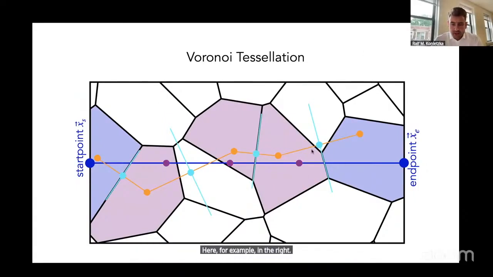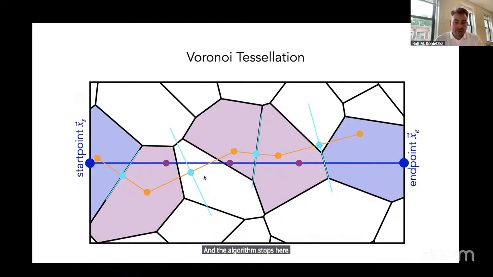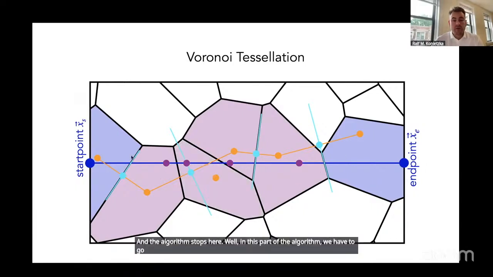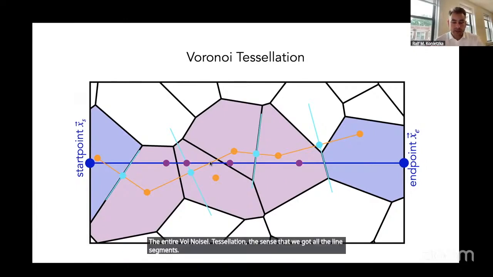By construction of the method, the blue plane is exactly the boundary plane between those two cells, and the algorithm stops here. In this part of the algorithm, we have to go one step further to find the last cell, and now we have reconstructed the entire Voronoi tessellation, in the sense that we got all the line segments that our ray crossed.